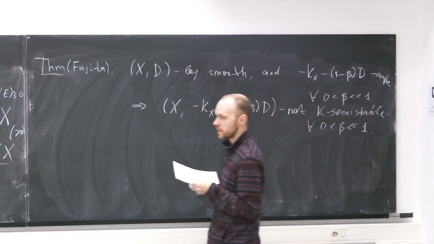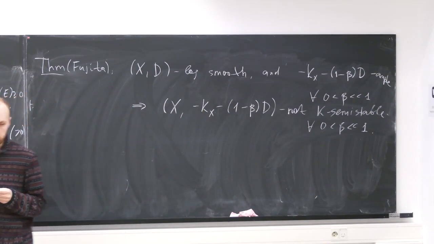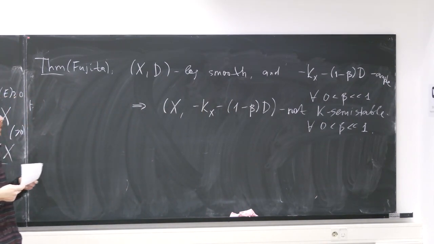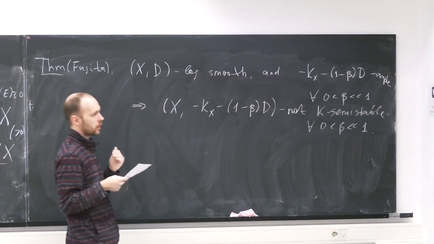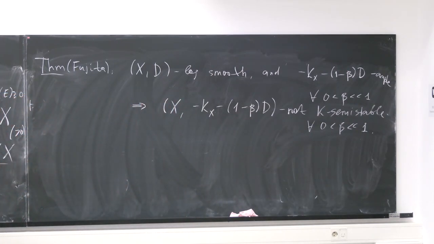So this result says that if the coefficients of the pair are close enough to 1, then we don't have K semistability. This shows that the really interesting case is to analyze the coefficients that are bounded somehow from 1.